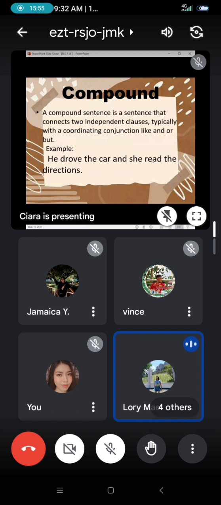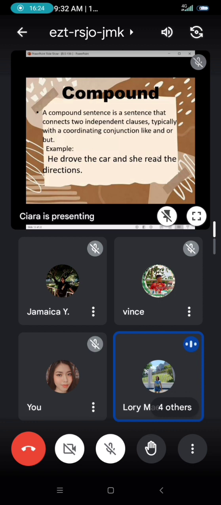We have the example there: he drove the car and she read the directions. He drove the car is our independent clause, and is the coordinating conjunction, and she read the directions is our other independent clause.